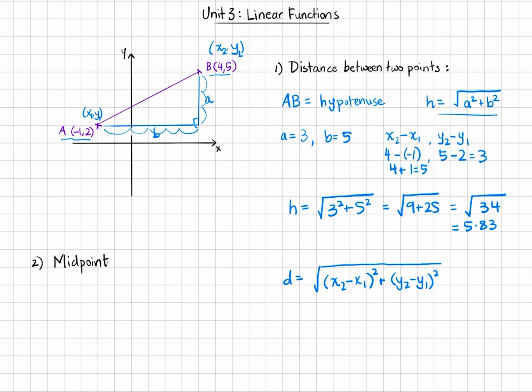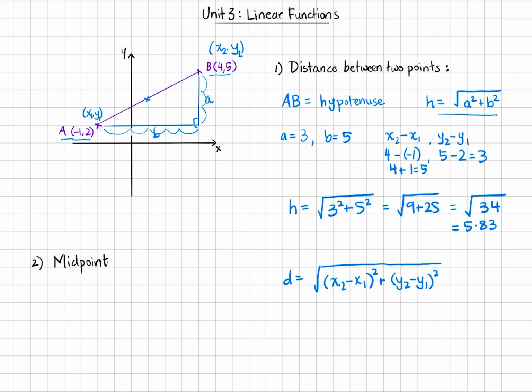Okay? Now the second thing I want to talk about is the midpoint and the midpoint formula. Now what is a midpoint? For any straight line on your graph, the midpoint is the coordinates that cut this line exactly into two equal parts.